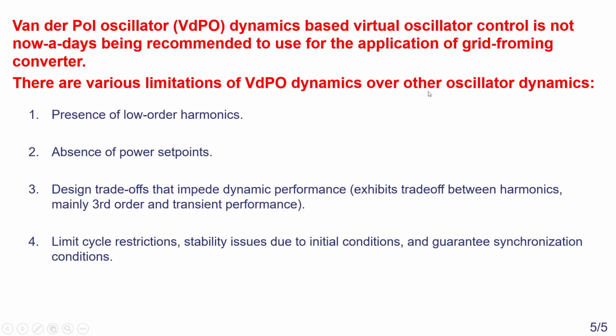So these are the limitations of VdPO dynamics over other oscillator dynamics, due to which it is not recommended for grid forming converter applications. Nowadays we have other oscillator dynamics like AHO dynamics, unified virtual oscillator dynamics, and dispatchable virtual oscillator dynamics, and these are being used for grid forming applications.